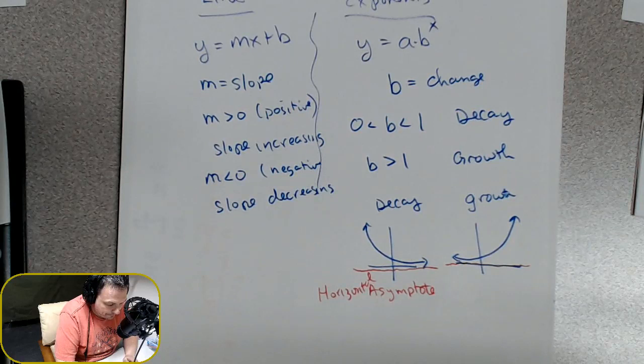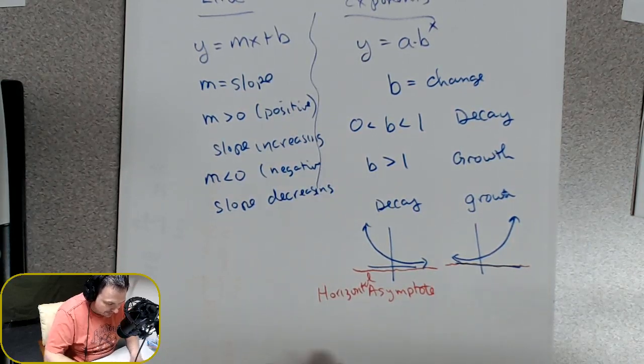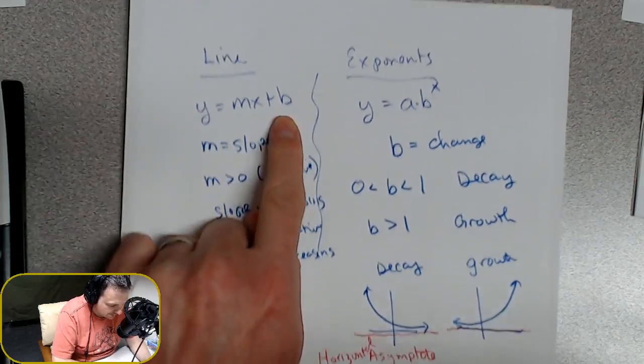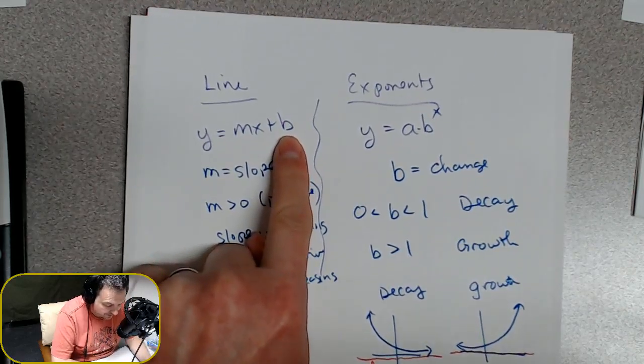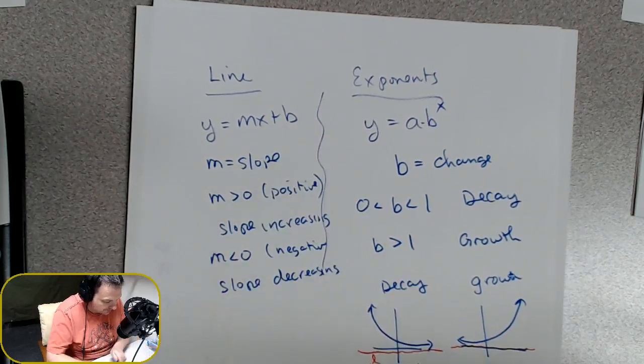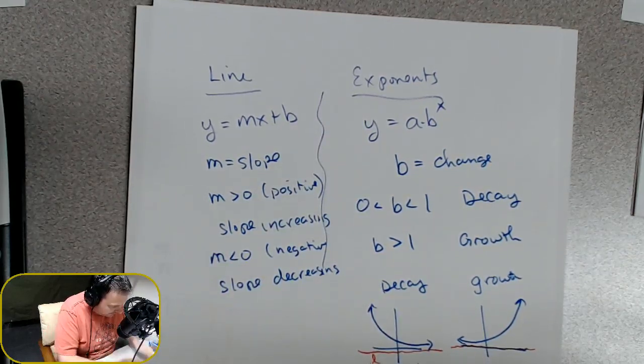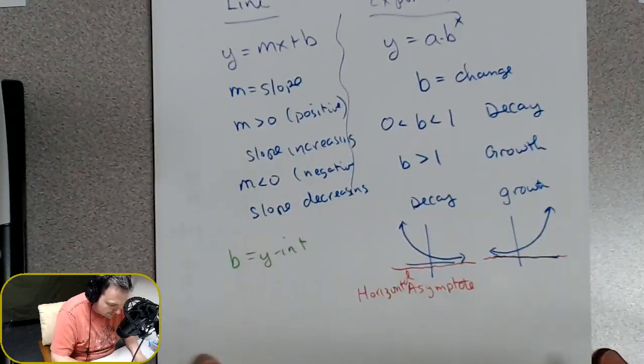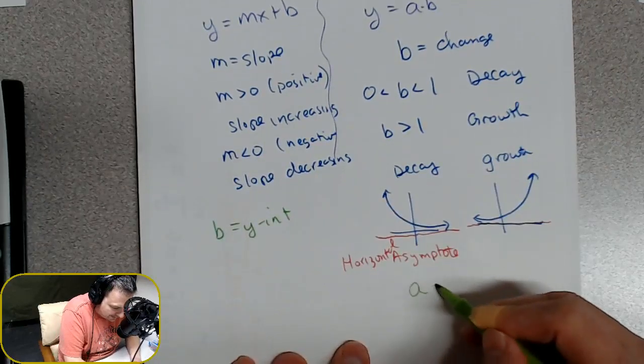And then we said yesterday that b for this one was the y-intercept. Let's change colors here. For lines, b is the y-intercept, but here, a is the y-intercept.